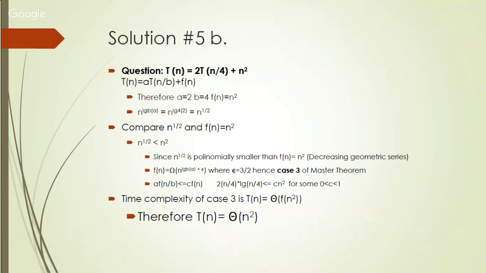Then the regularity condition will also be checked at this point, and we find that it is also satisfied. Then when you plug into the running time of case 3, you find that yes, our running time is theta n squared.